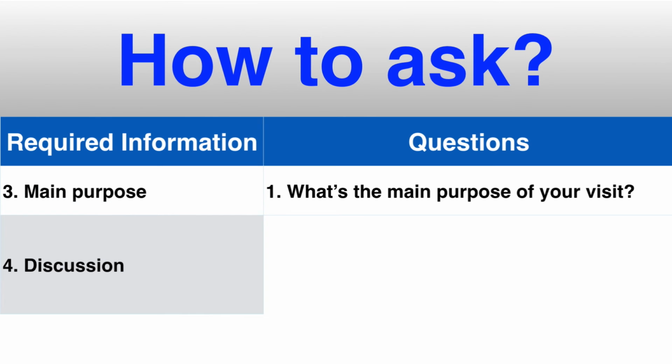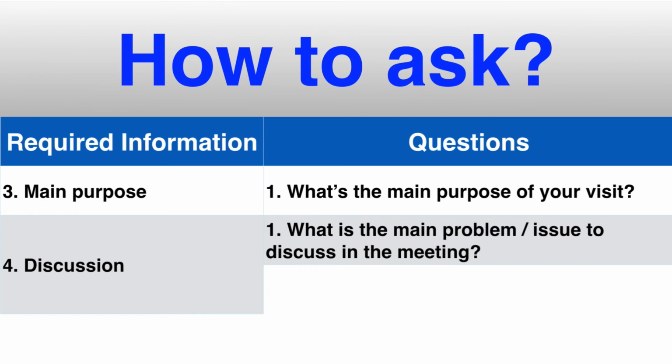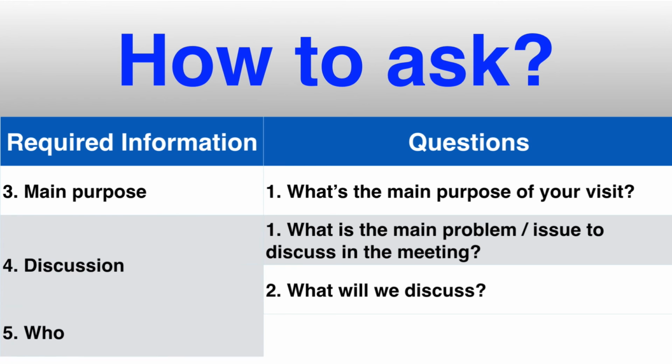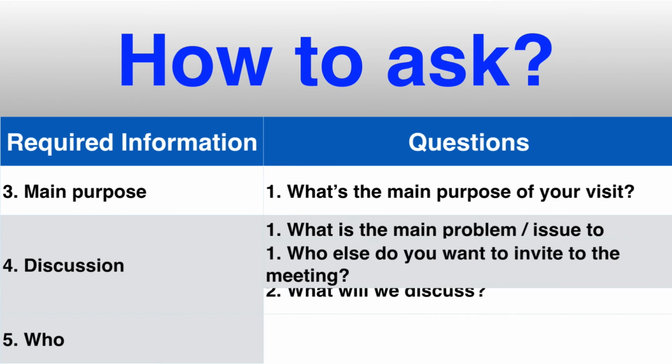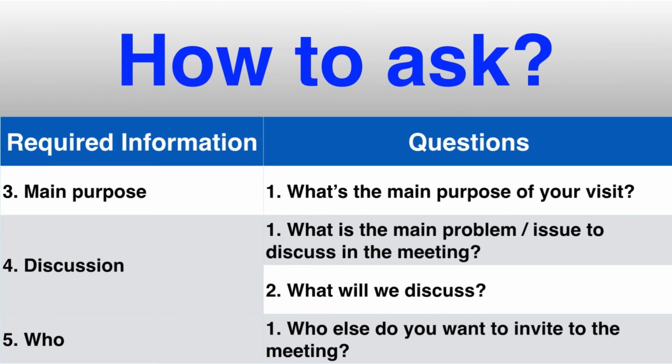To get to know what the discussion is about, you would say, "What is the main problem, issue to discuss in the meeting?" Or, "What will we discuss?" Finally, about who, you may ask, "Who else do you want to invite to the meeting?"